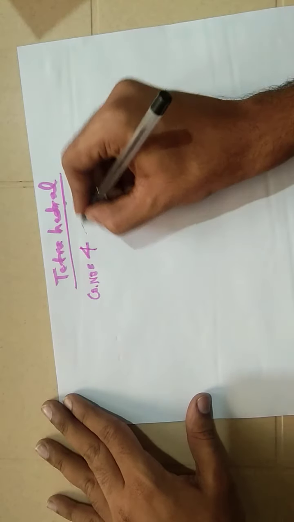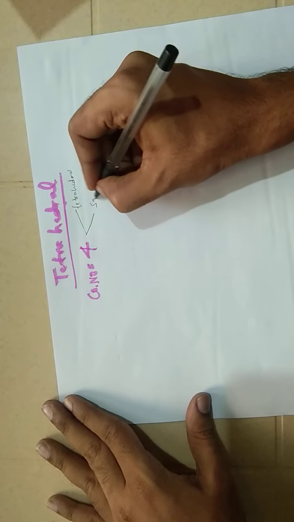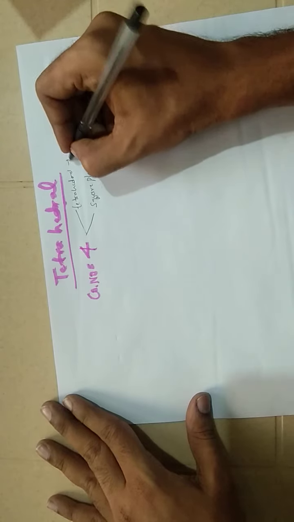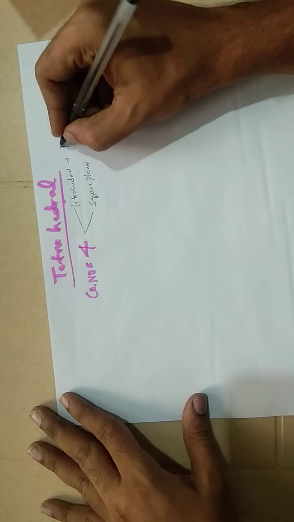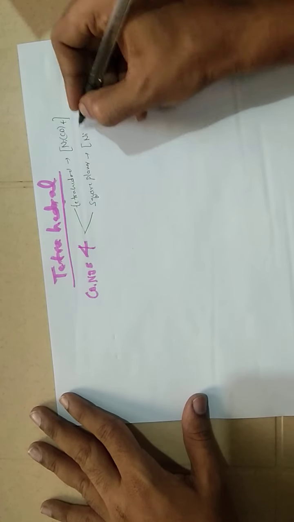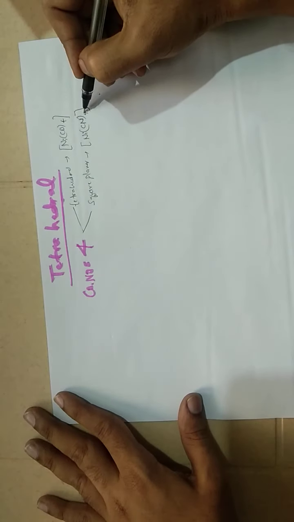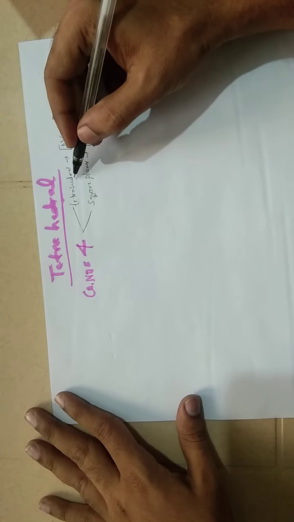One is tetrahedral, another one is square planar. I'll give one example, like Ni(CO)4. This is a tetrahedral complex, whereas similarly Ni(CN)4 is a square planar complex. They have the same coordination number, but the splitting will be different, because square planar splitting is different from tetrahedral.